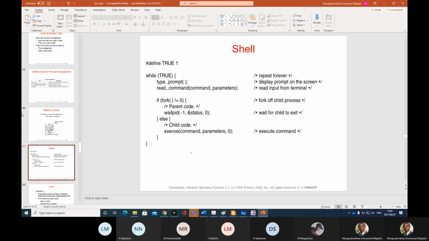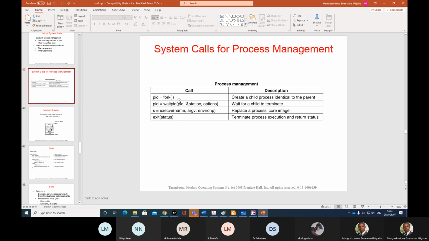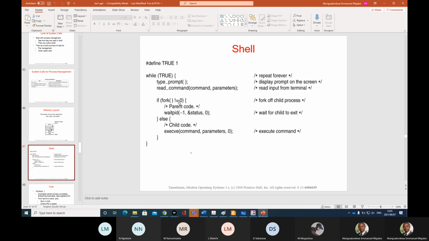If fork is different from 0, which means we are able to create a duplicate of the process, meaning we are returning a PID different from 0. Because when we return 0, it means we were unable to create a child process. Because when you create a child process, it gets given a new ID. So because PID is the return of fork, when it's different from 0, that means we successfully did fork of the child process, meaning birth a child process.